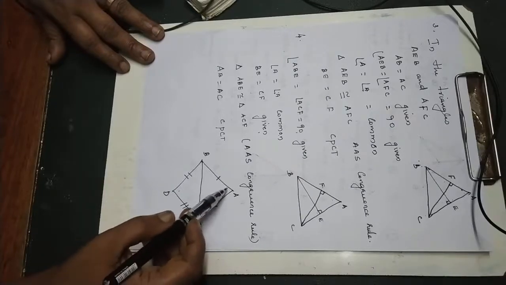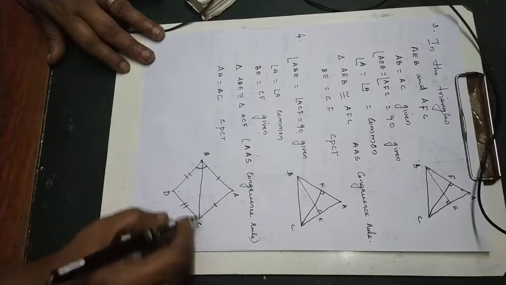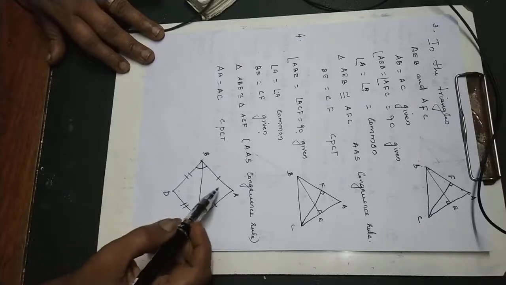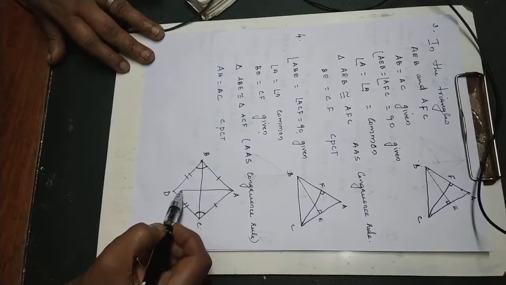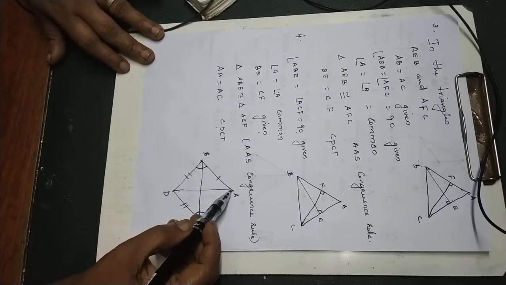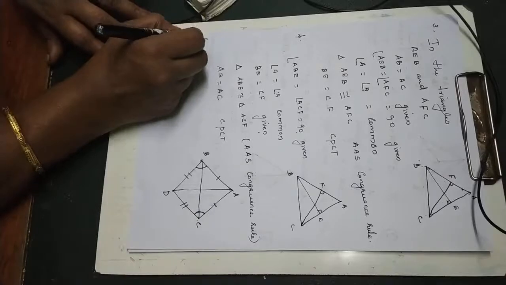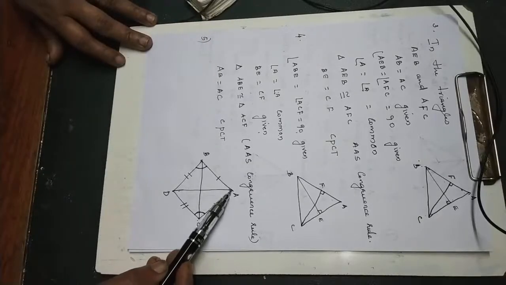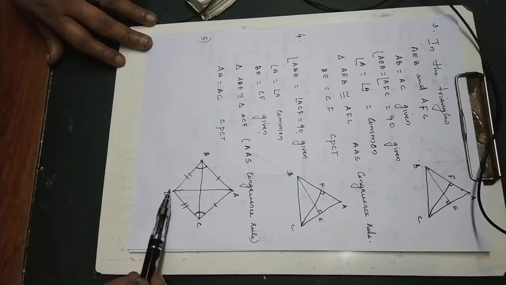Okay. Now what you have to prove? You have to show that angle ABD, that is this angle, is equal to this angle. For that you have to draw a line like this, join AD. So when you join AD, you will get two triangles, ABD and ACD.